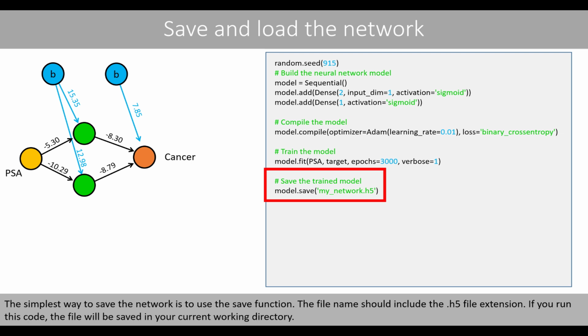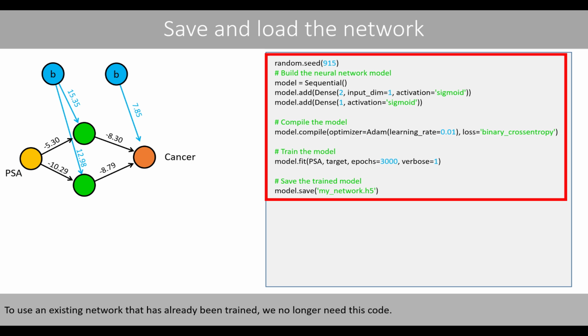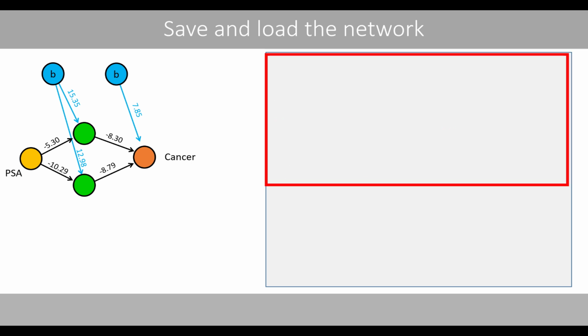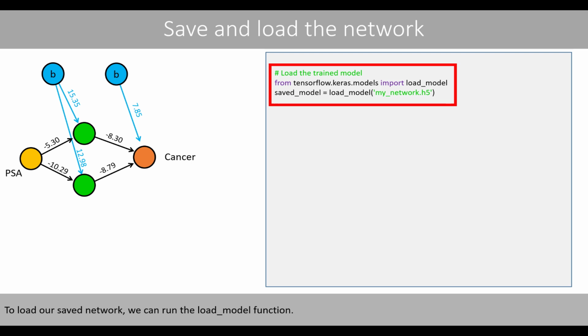If you run this code, the file will be saved in your current working directory. To use an existing network that has already been trained, we no longer need this code. To load our saved network, we can run the load model function.